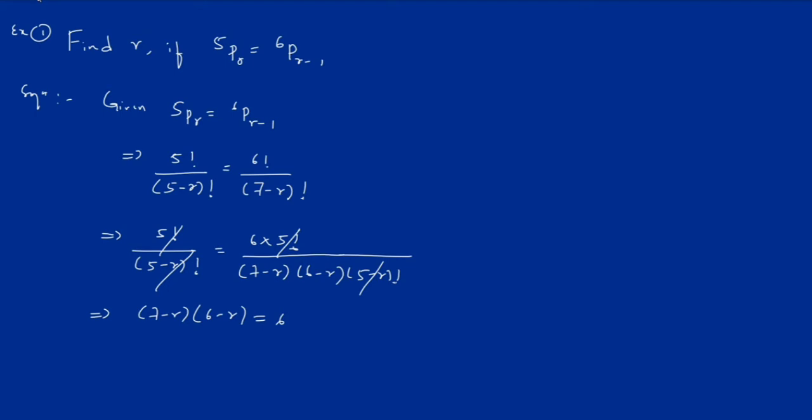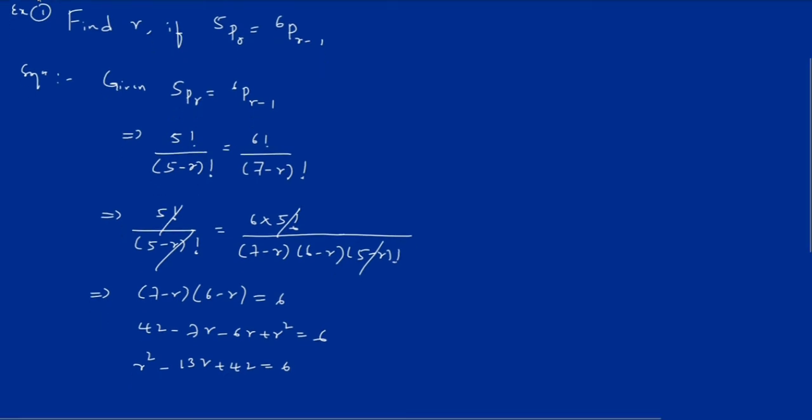So after simplifying this, what do we get as the value of R? Just multiply this: 7 times 6 is 42, minus 7R, minus 6R, plus R square, which is equal to 6. So we can write it as R square minus 13R plus 42 equals 6. So again, take minus 6 to the LHS.